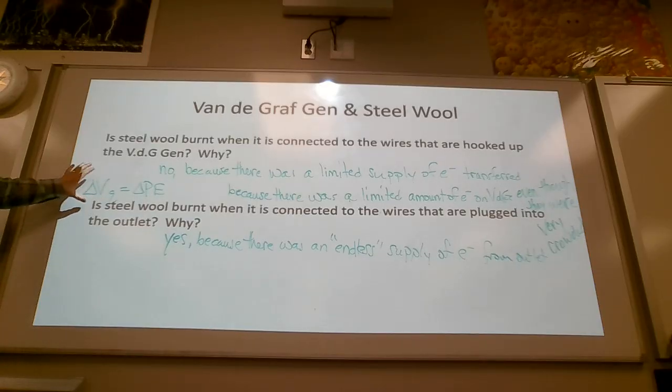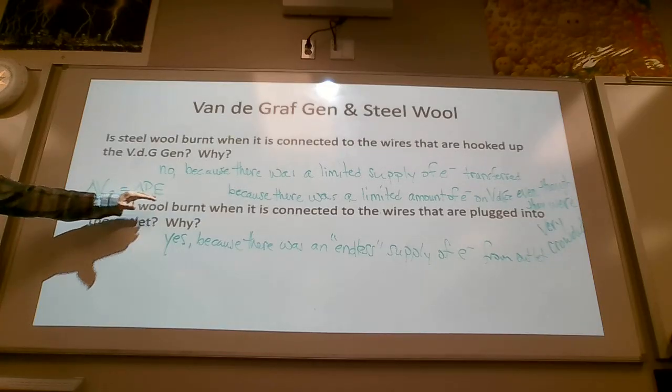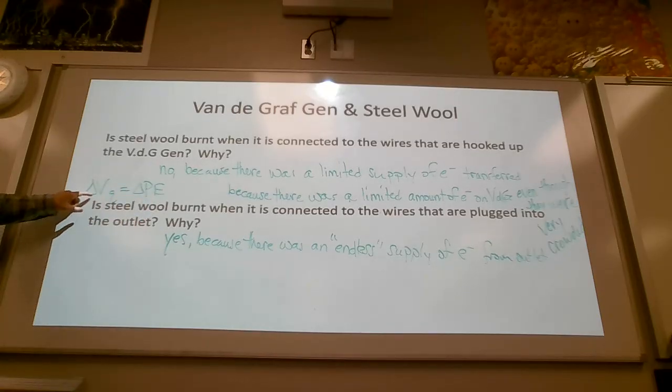The Van der Graaf generator had a really big electric potential difference, but there weren't that many electrons actually being transferred. And so there wasn't that much energy. Like you feel it, but it didn't destroy it. Versus an outlet had a lower electric potential, but the amount of charge was endless. And so that was what enabled enough energy to fry the steel wool.